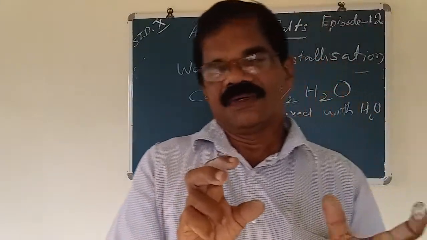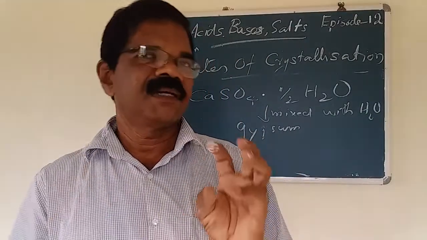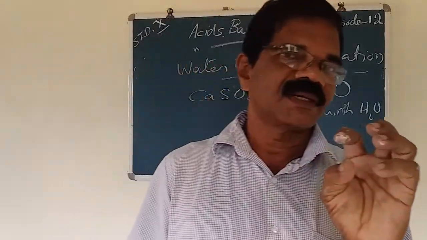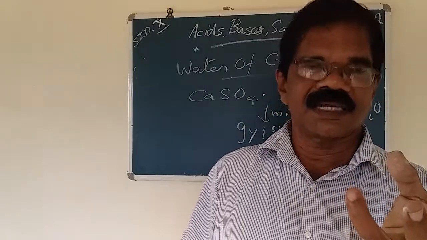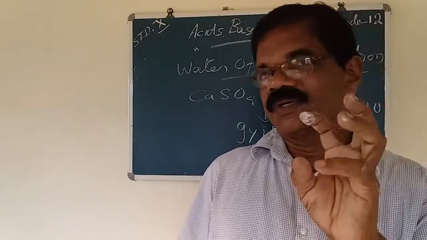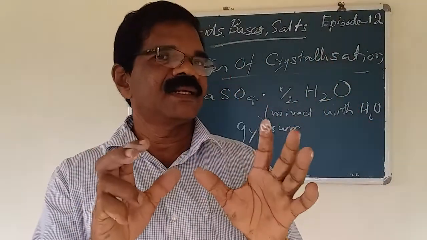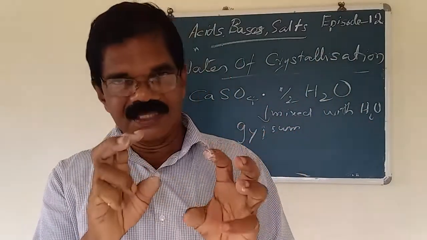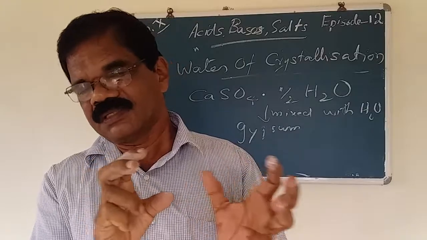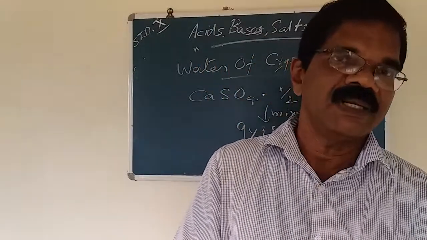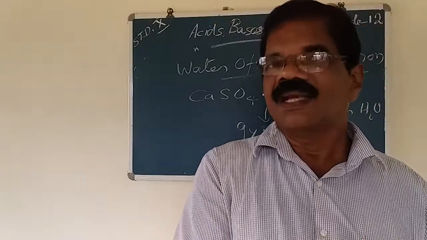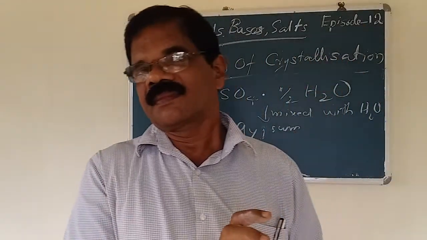You need not learn them by heart, but when you see foods like mango, guava, and tamarind, you remember that this food shows this particular quality due to the presence of a particular acid. Then you will automatically learn the things behind it.